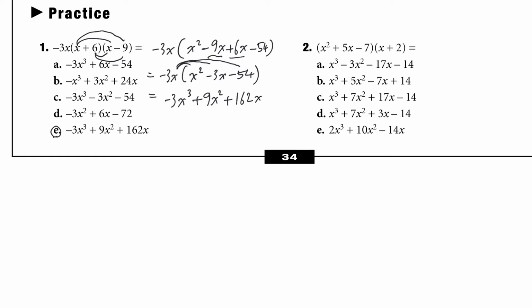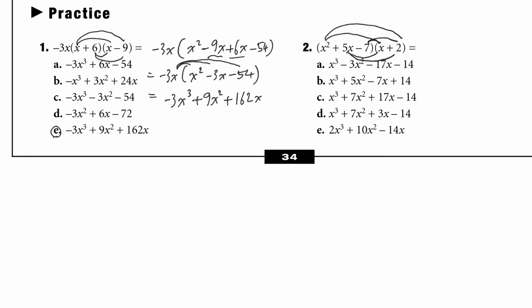Number 2, x squared plus 5x minus 7 times x plus 2. So here I'm going to multiply the first term in the first bracket by the second bracket, then the second term in the first bracket times the second bracket, and so on. Let's do this.